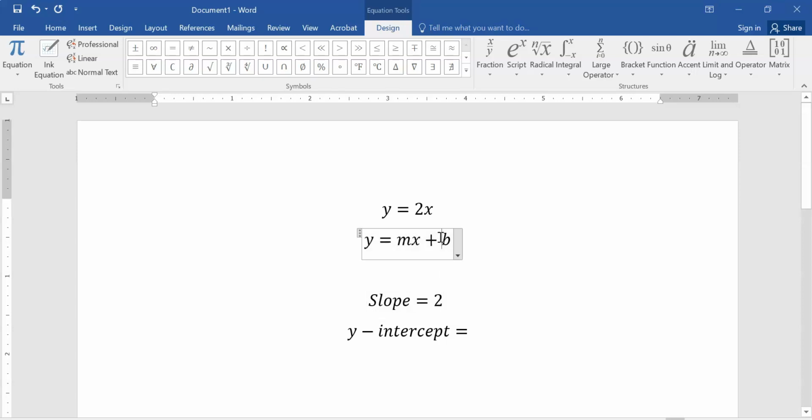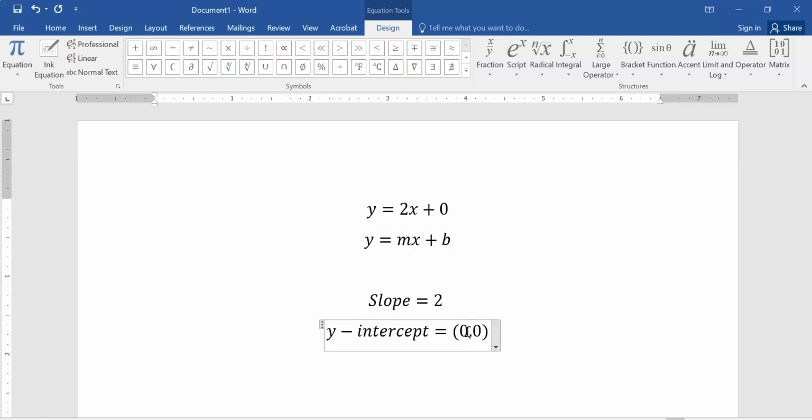Now, here's where it gets a little bit weird, because b here, the y-intercept, we don't see it here. But you can think of this as like a plus 0, right? It's like y equals 2x plus 0. So the y-intercept is actually the point (0, 0), which we know is called the origin.